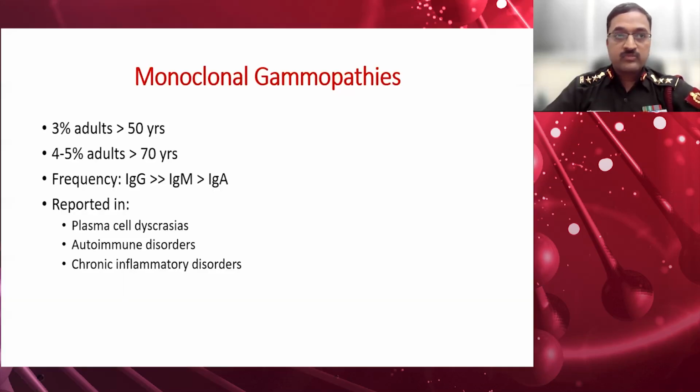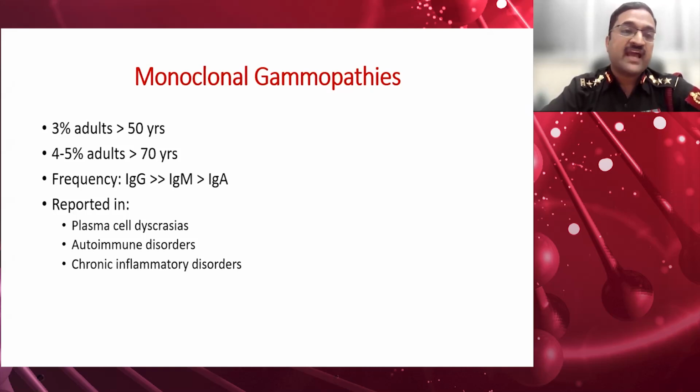When we looked at all adults above the age of 50 years, up to 3% of these individuals can have a monoclonal gammopathy or an M protein. If you look at individuals above 70 years of age, the percentage can be as high as 5%. Generally, IgG is more common when compared to IgM.